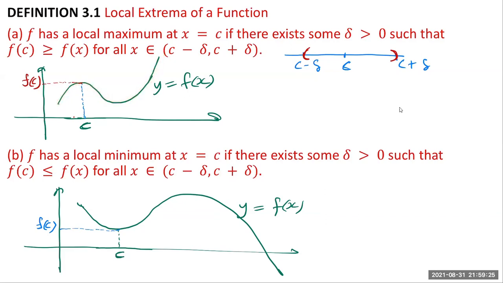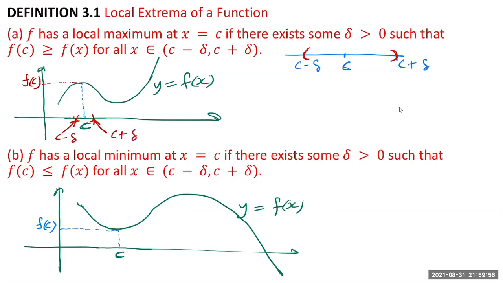Then according to this definition, we have a local maximum at x = c, because I can find a very small delta neighborhood around c, from c − δ to c + δ.